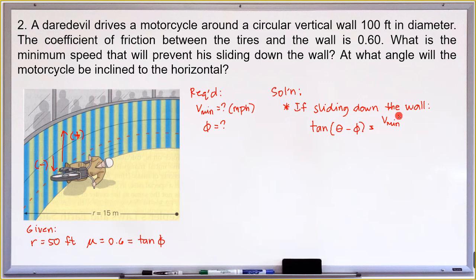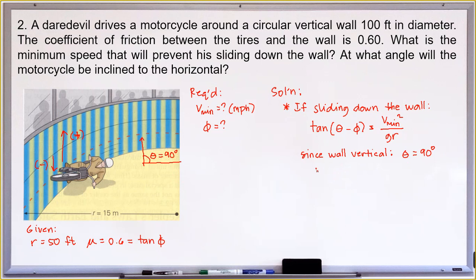Since it is going down, it is the smallest speed, V minimum squared over G times the radius. Since the wall is vertical, our theta, the angle of banking with respect to the horizontal, is equal to 90 degrees. So theta is 90 degrees.